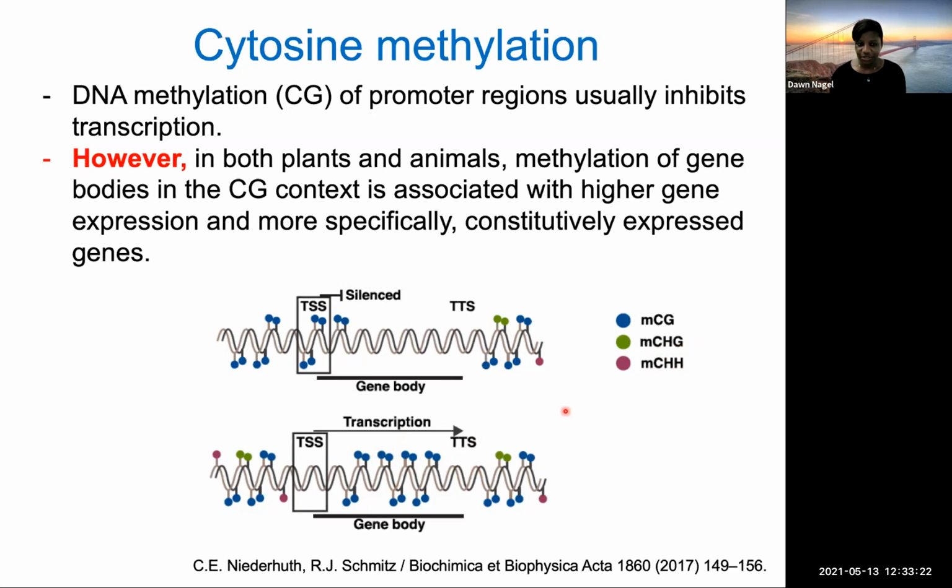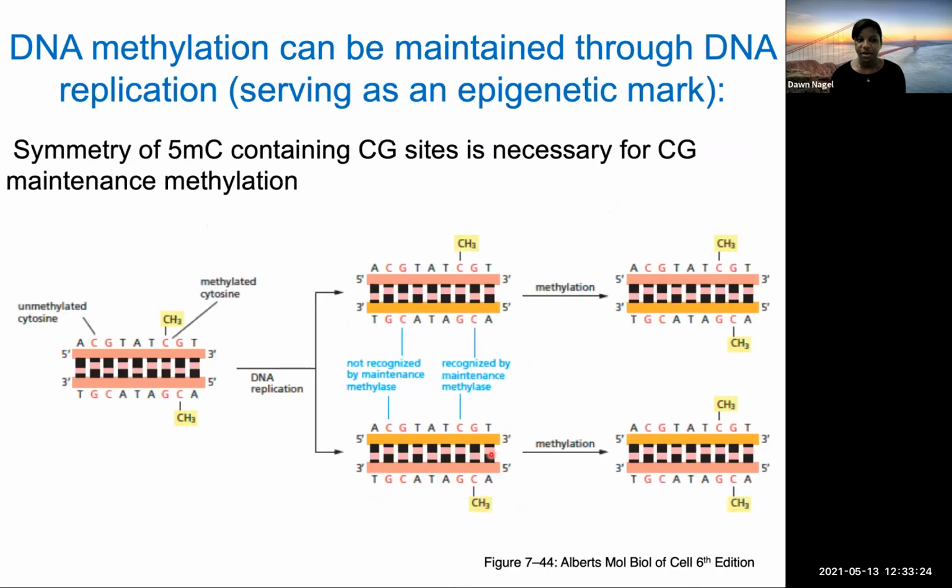This methylation status is inherited. It's inherited through DNA replication and it's maintained during DNA replication. So you can imagine you have your double-stranded DNA, you have the methyl group on the C's, which gets methylated. After DNA replication, because of the semi-conservative nature, you will have a parental strand and a newly synthesized strand that will not have the symmetric C methylated in the new daughter strand.